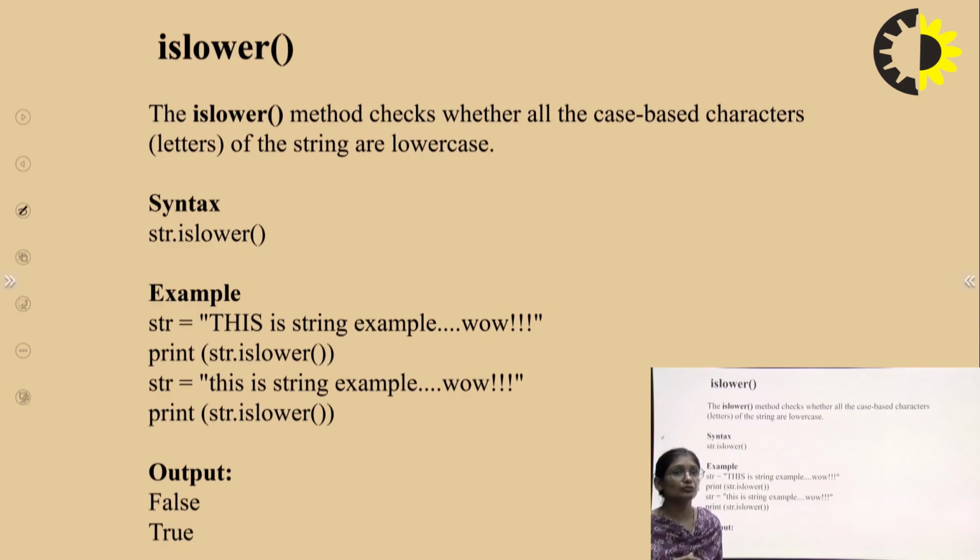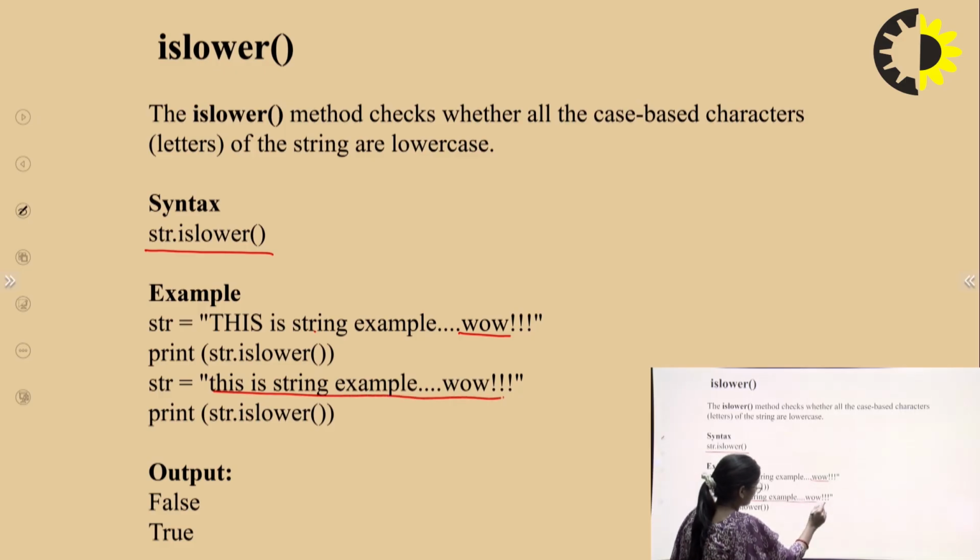Next is islower. The islower method checks whether all the case based characters of the string are lowercase. All the alphabets are in small letters, and the syntax is string dot islower. This is string example "wow", and this is string example "wow".